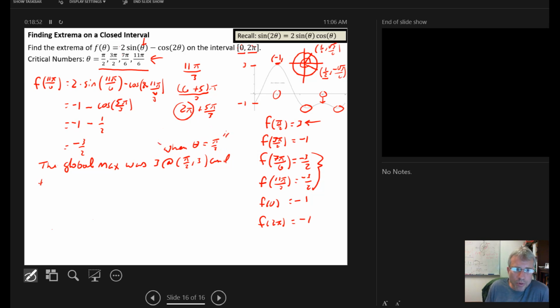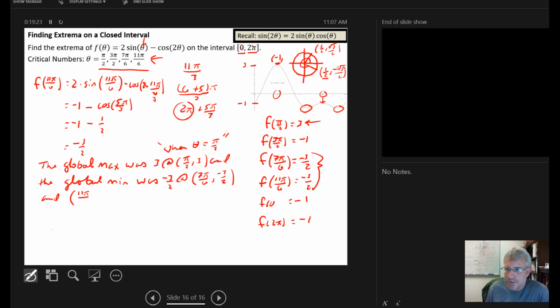And the global minimum is negative 3/2. It happens in 2 places, at 7 pi over 6 and it happens again at 11 pi over 6 as the input.